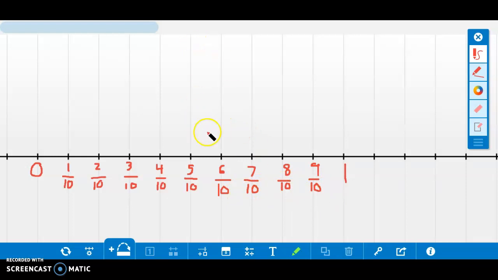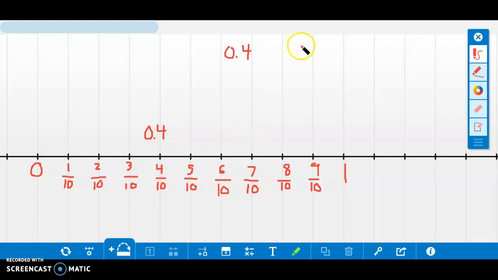Now, we are going to match these fractions with the decimal 0.4, or 4 tenths, because there's a 4 in the tenths place. Now, where would I put 4 tenths? Right here. Now, these decimals and fractions are said the exact same way. 4 tenths, 4 tenths.